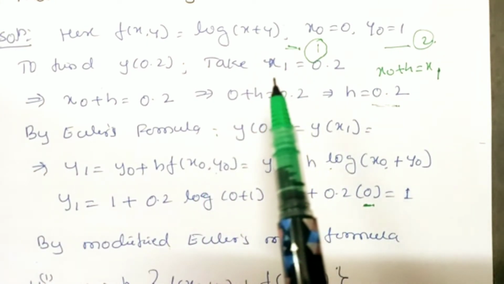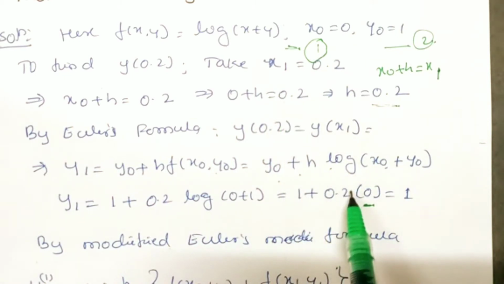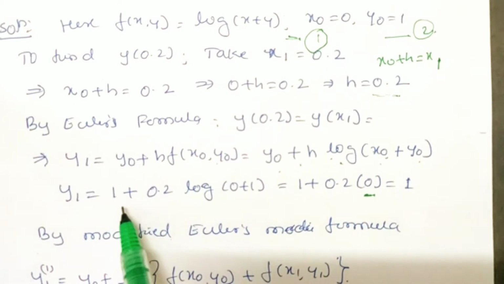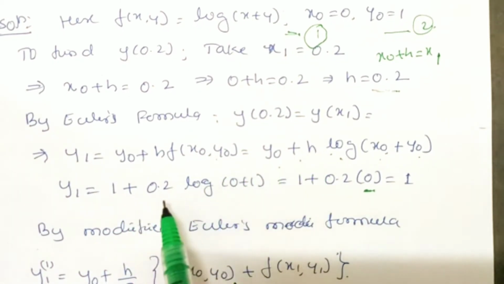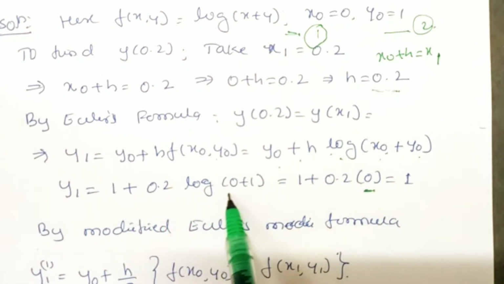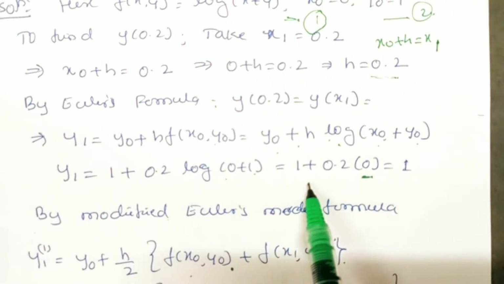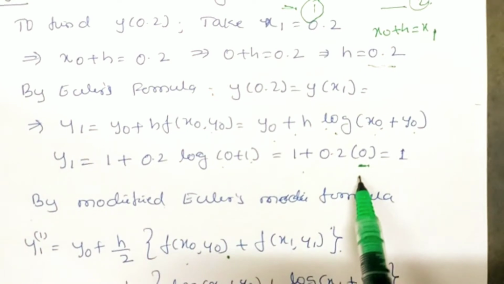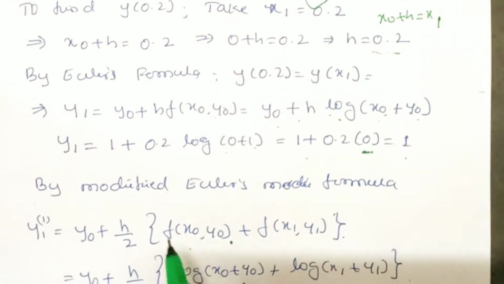From equation 1, f of x, y is log of x plus y, so it is log of x0 plus y0. So y1 is equal to 1 plus 0.2 log of 0 plus 1, which is 1 plus 0.2 into log of 1. Log 1 value is 0, so it is equal to 1.